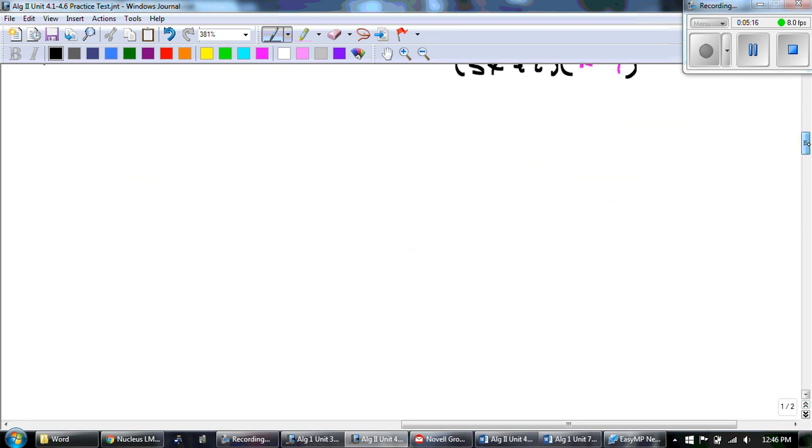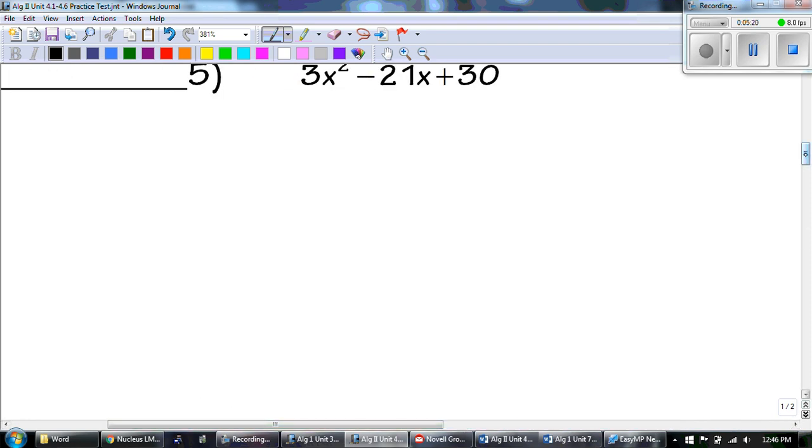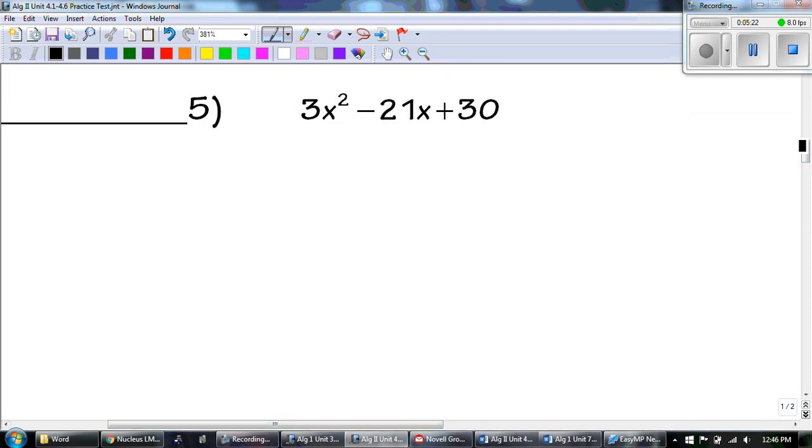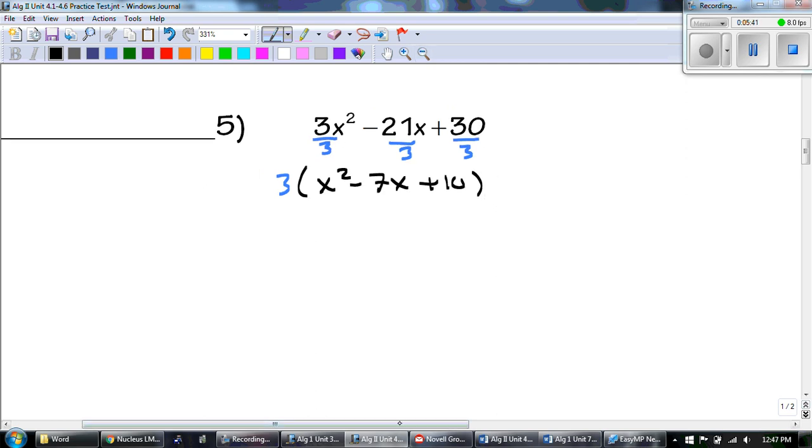All right, number 5. So remember, the first thing you always ask yourself is, is there a GCF? And there is. The GCF goes out front, and then I'm left with x squared minus 7x plus 10. Okay?